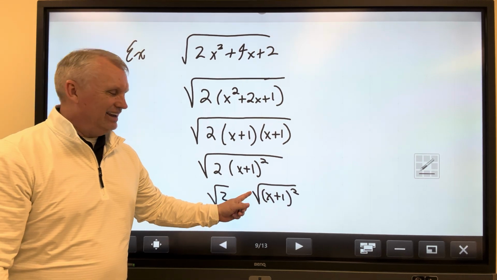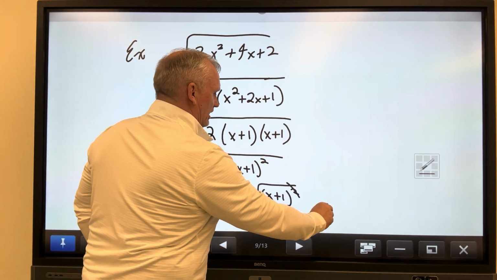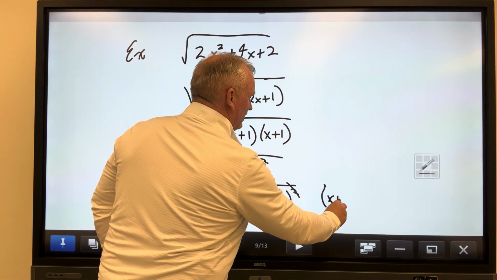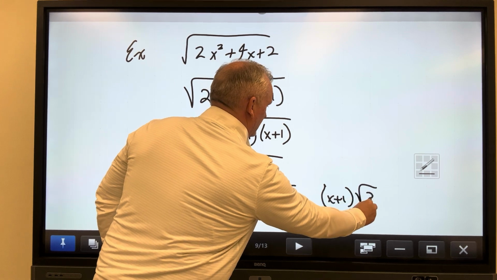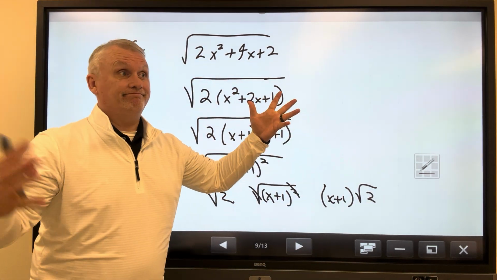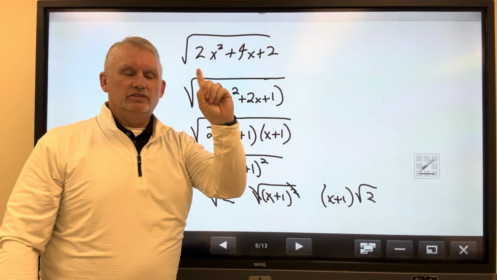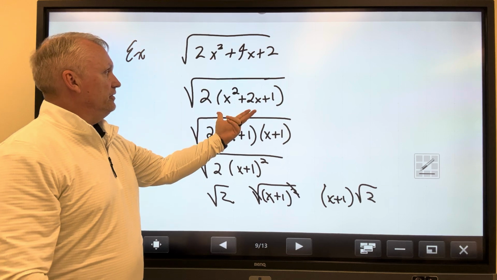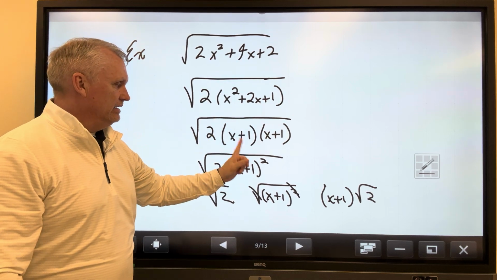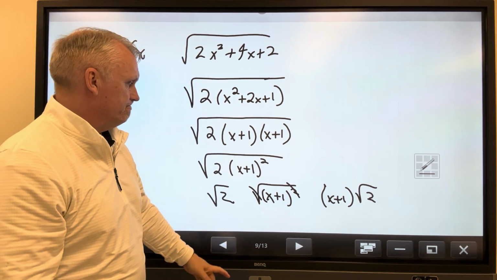But look, it's kind of like the square root and this 2 kind of cross each other out, and you're left with x plus 1. And then bring that square root of 2 along. You don't lose factoring. Remember with factoring, look to see if there's a GCF. Look to see if you've got a factoring pattern. Again, this is what we do. See if you can simplify that.